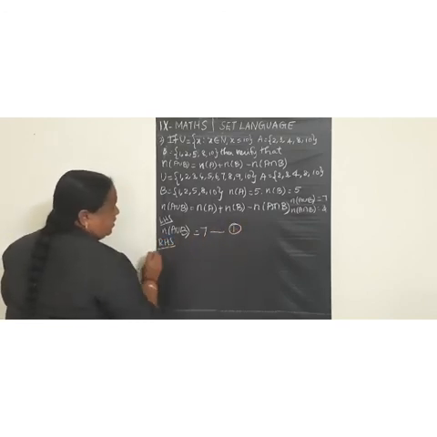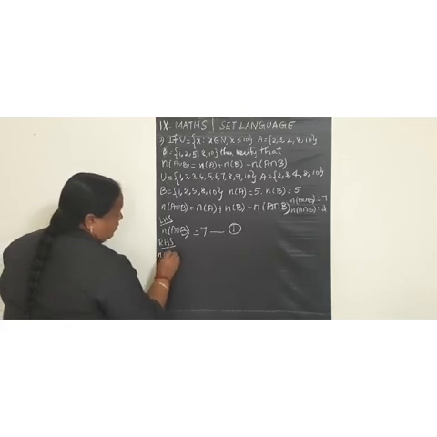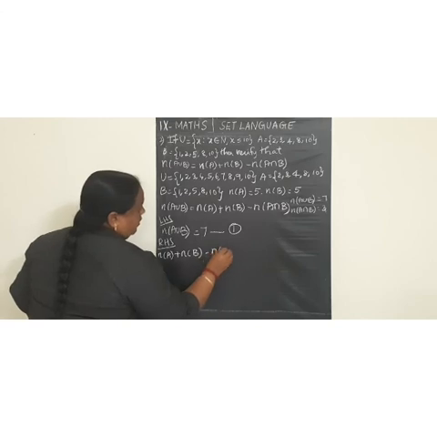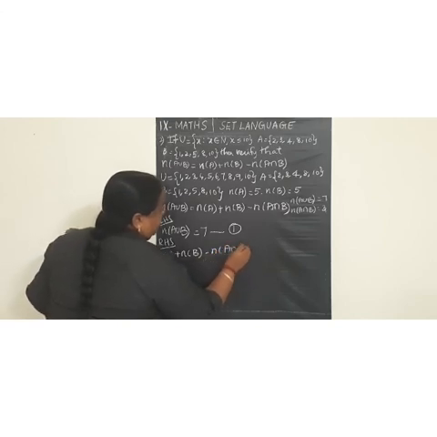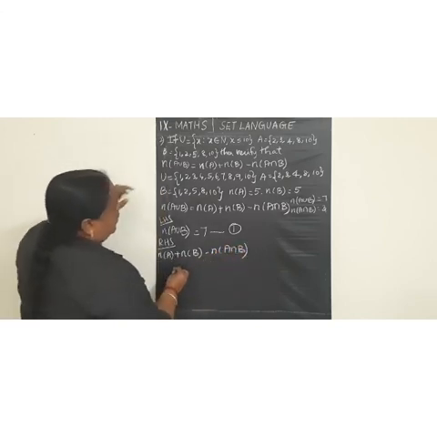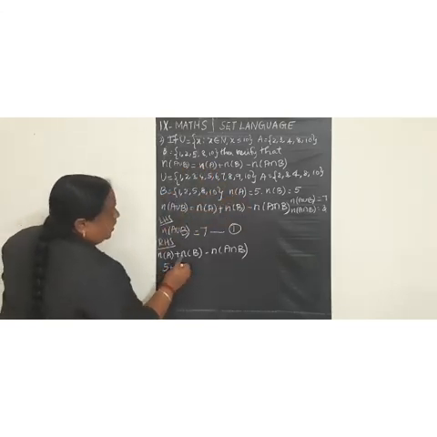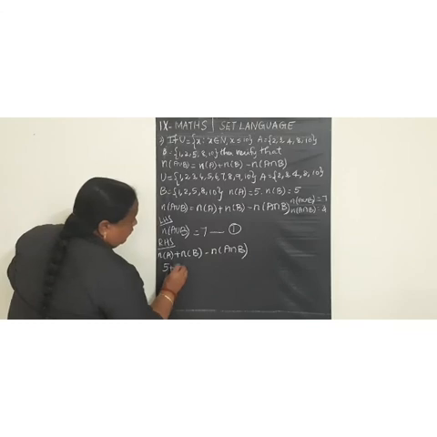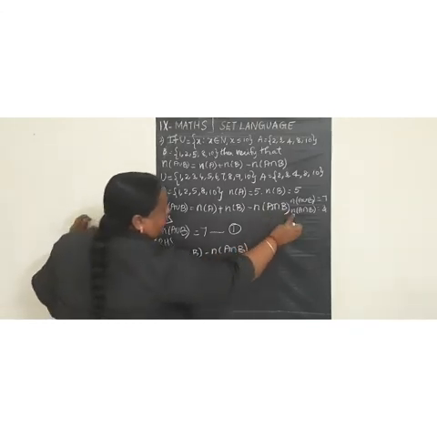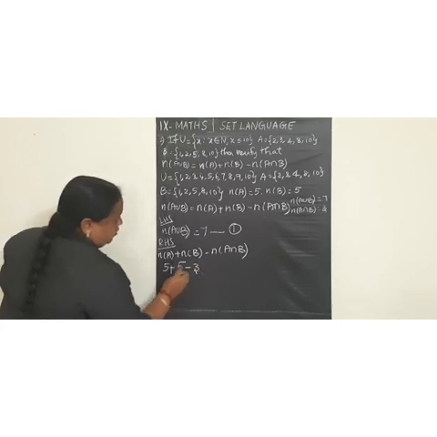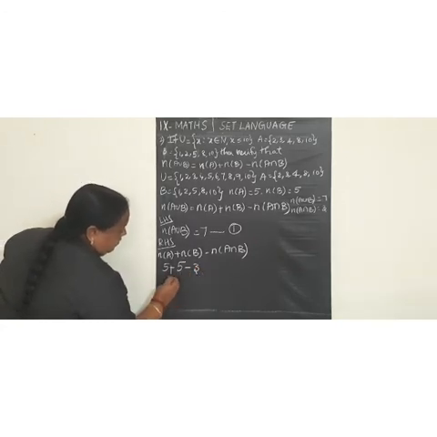Then take the RHS side. n of A plus n of B minus n of A intersection B. So n of A, what do they have? n of A is equal to 5, plus n of B is equal to 5. Next n of A intersection B we found as minus 3. So 5 plus 5, 10. 10 minus 3 is equal to 7.